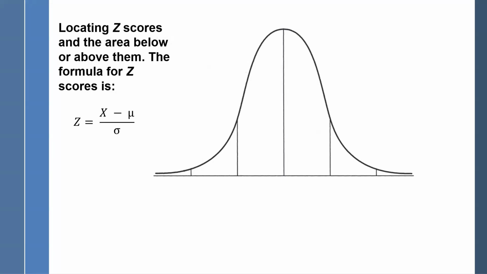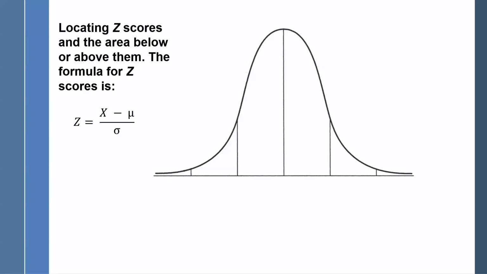Okay, so when we convert to z-scores, it's just the simple process of taking the mean of the distribution, subtracting it from each individual score, and then dividing that number by the standard deviation. You're going to do that for each and every score within the distribution if you want the full set of scores standardized.